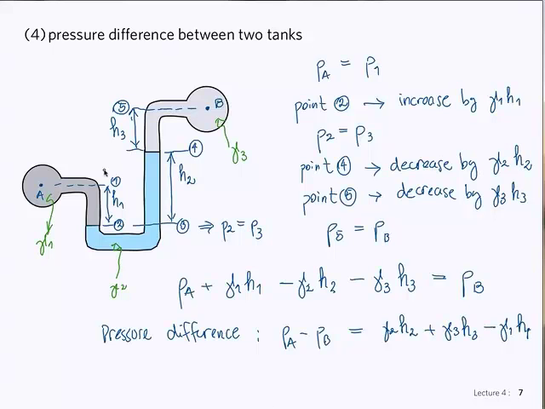Again, we could have that the gauge fluid is much heavier, and if these other ones are gases, we can basically neglect all of these terms. We can make this approximately equal if gamma 3 and gamma 1 are small for the case of gases.